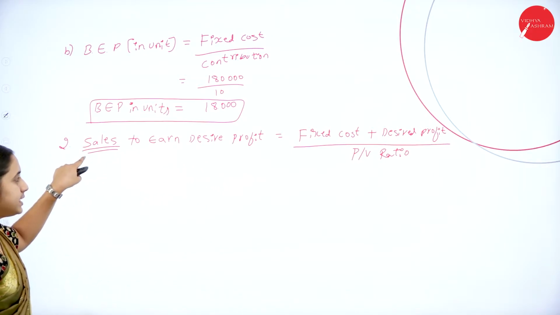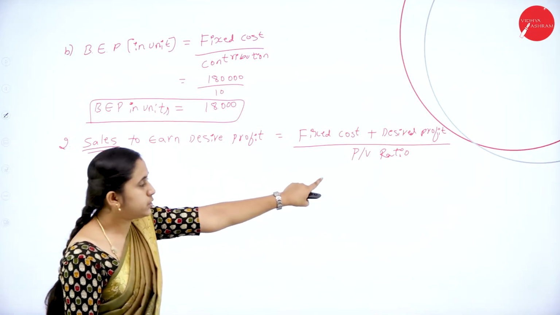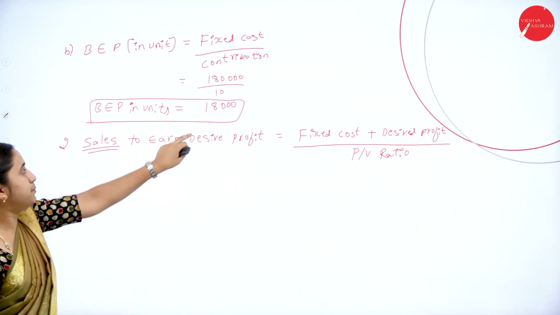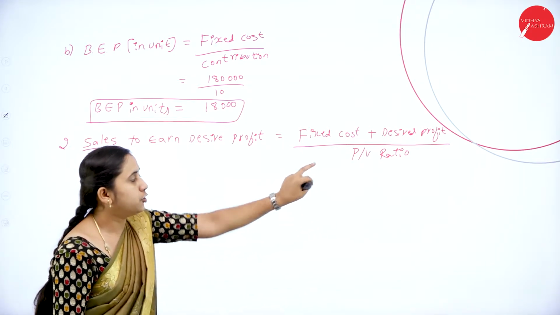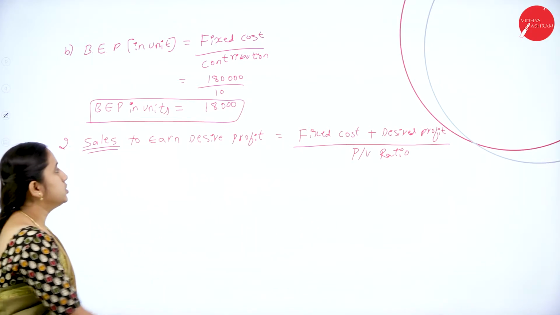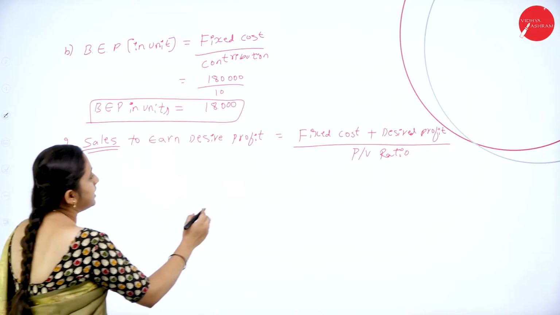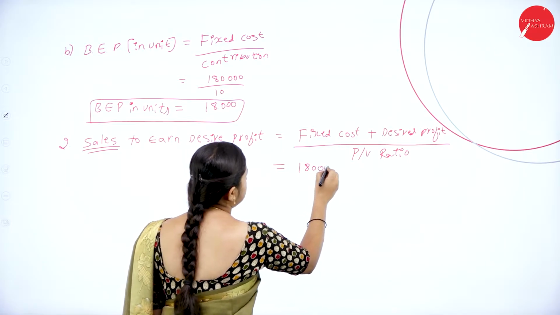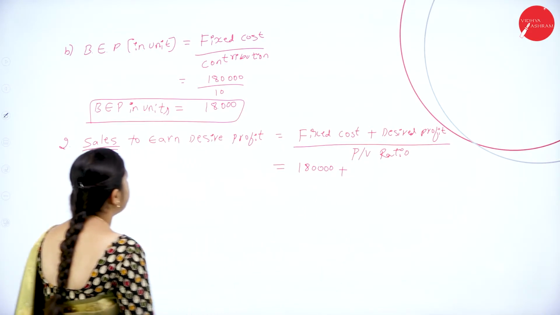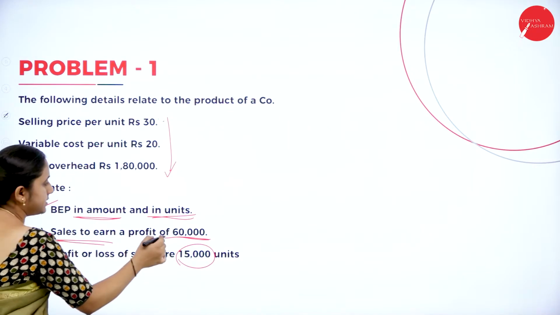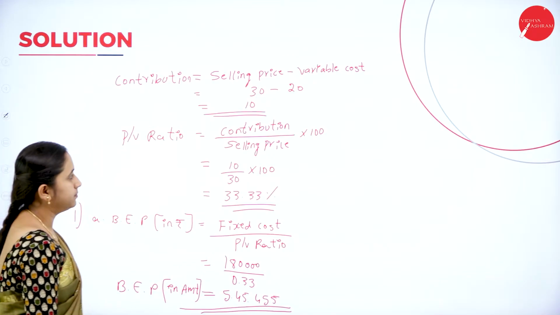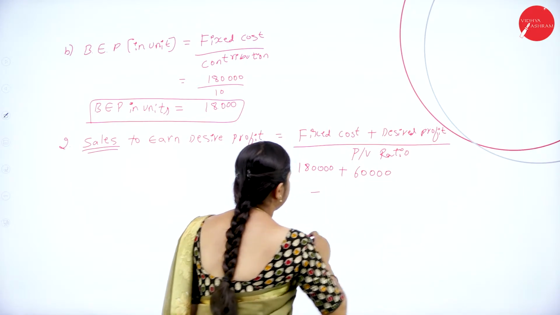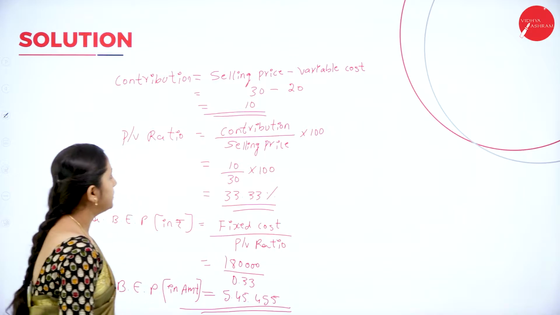If we are calculating sales in rupees, use PV ratio. If the sales is calculated in units, that is number of units, then instead of PV ratio write contribution. So, for sales in amount: fixed cost 1,80,000 plus desired profit, here desired profit is 60,000, divided by PV ratio.